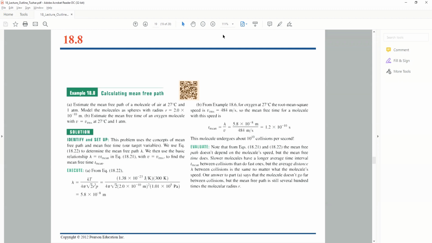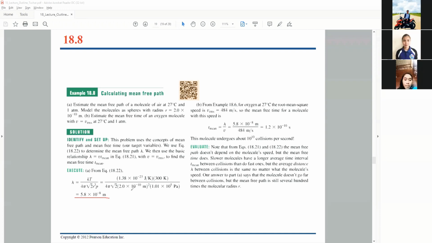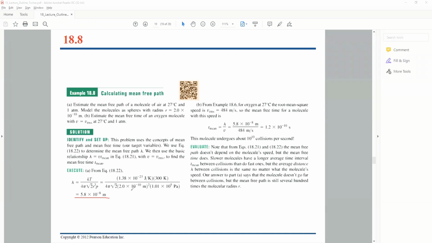So we will use that here. Your lambda, or mean free path, which we calculated, is equal to 5.8 times 10 raised to negative 8 meter. You just divide the mean free path by the velocity, which is assumed to be the RMS velocity also. So it equals 1.2 times 10 raised to negative 10 seconds.